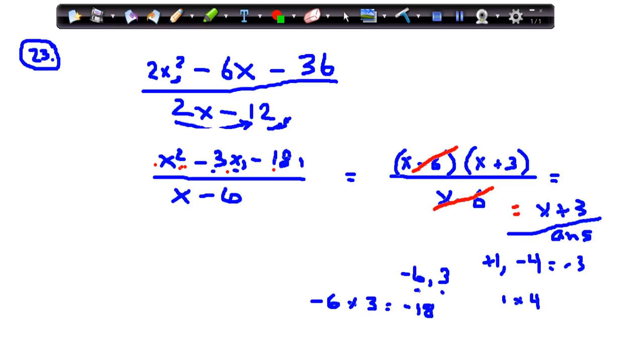Okay, so let's continue with the next problem, which is problem number 24 on page 589 from your GED book. So let's erase this. And the next problem is 24, page 589.